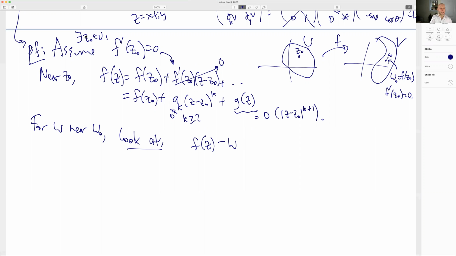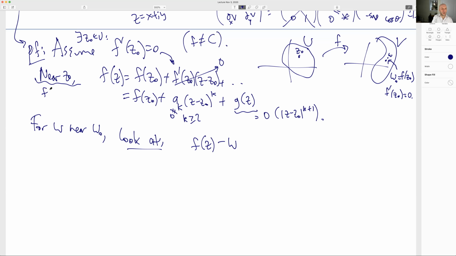One more thing I want to say, I can look at this neighborhood. So near z0, there's a neighborhood. The function is not constant. I mean, the constant function is obviously not one-to-one. So f is not constant. So near z0, in a neighborhood of z0, there's one point where it vanishes, but there's no other.